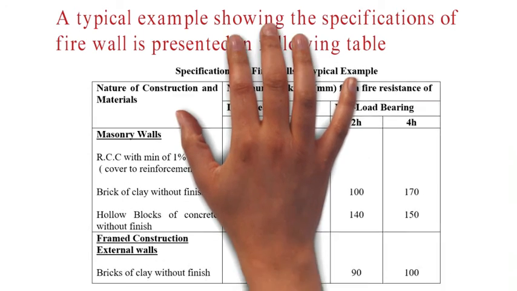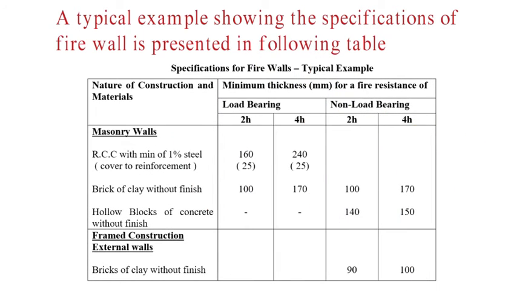Look into this table. You can see the specification of firewall. Typical example. So for a masonry wall which has load bearing structures of 2-hour rating, it should have a minimum thickness of 160 mm, and 4 hours rating, it should have a minimum thickness of 240 mm.